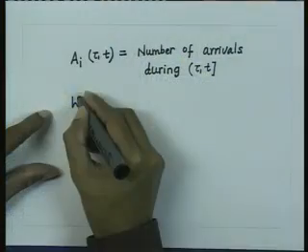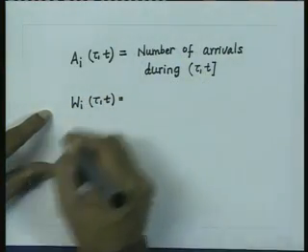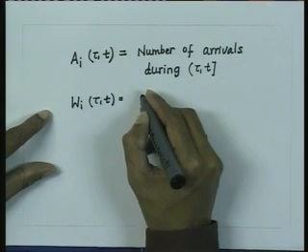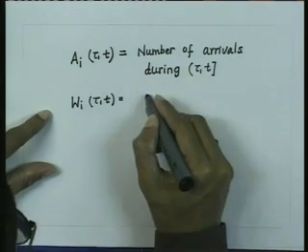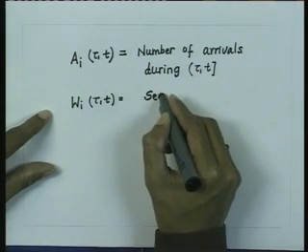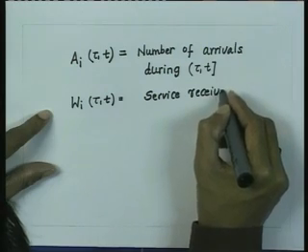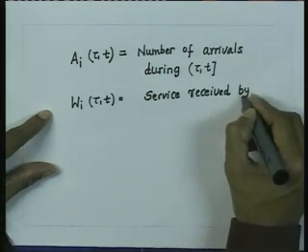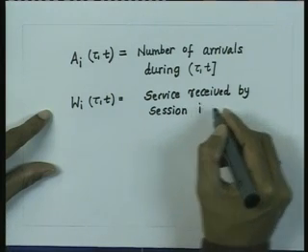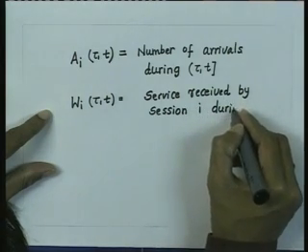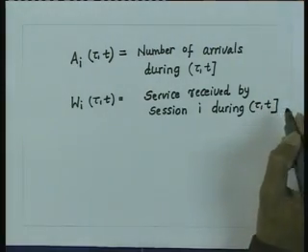Similarly, we define W_i(tau, t) to be the total number of bits served. This is the service received by session I during tau to t.